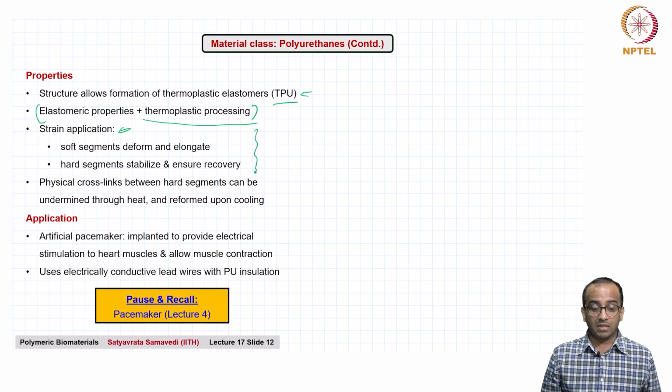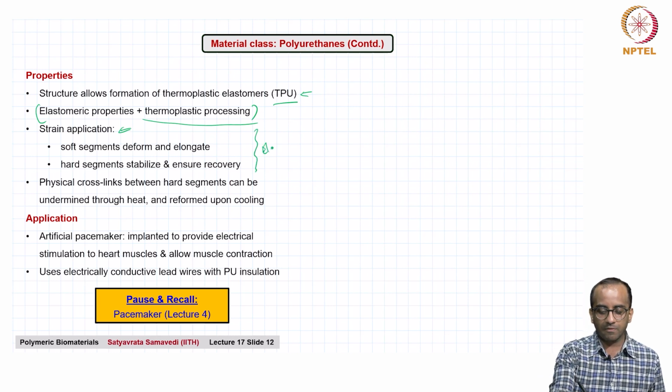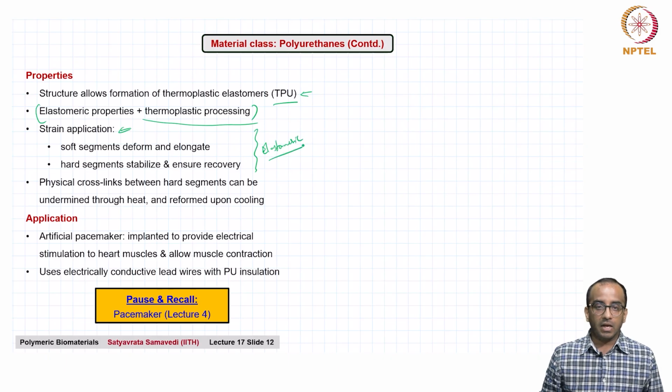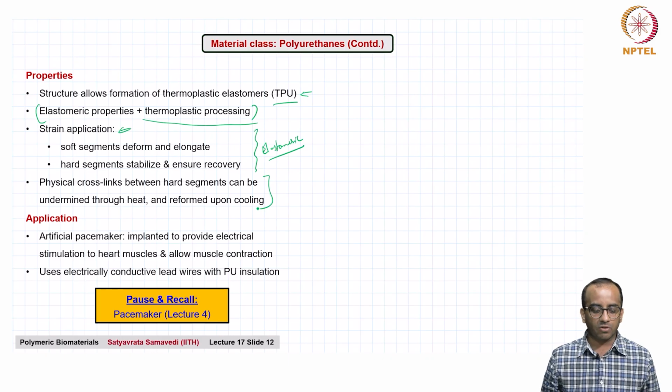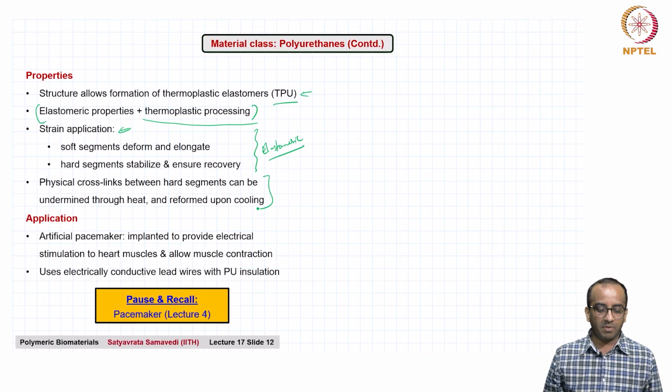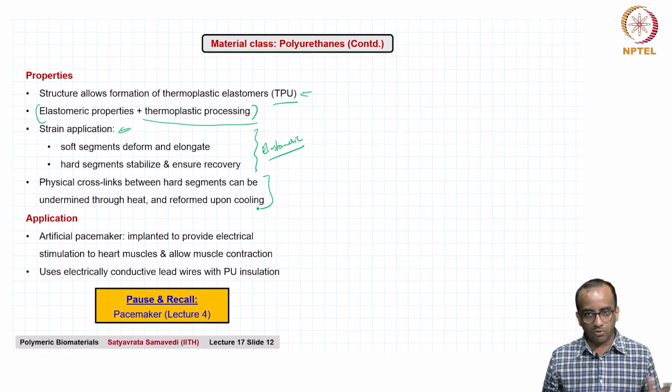The thermoplastic, so this is the elastomeric property, and the thermoplastic processing ability comes because you have physical crosslinks between the hard segments, which can be undone by heat, and upon cooling they can be reformed, right?